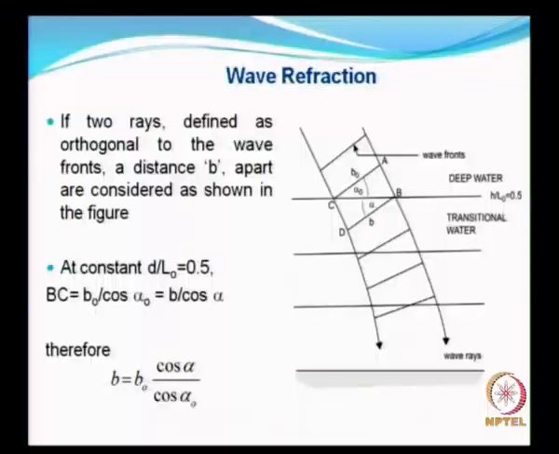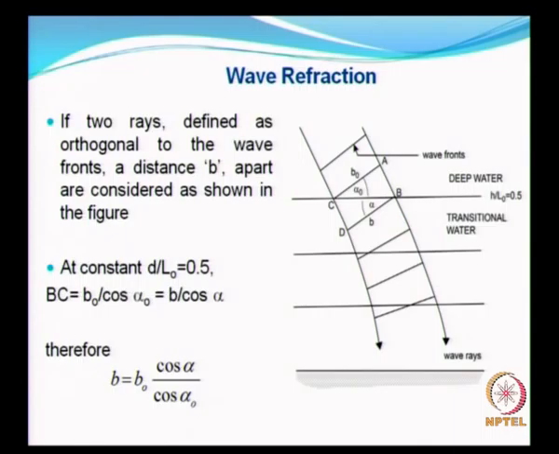So, I am taking a wave crest here, locating one point here and one point here, and I am trying to traverse how this wave will go. When I do that, that is what I get as the wave ray or the direction of the wave.